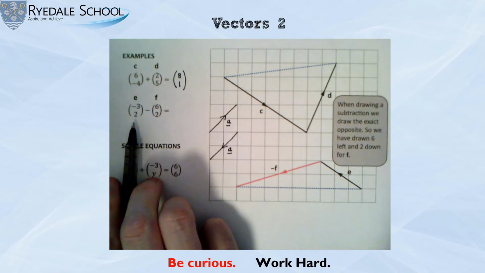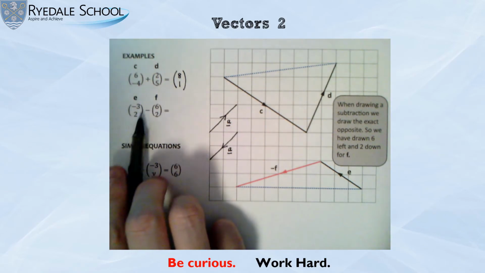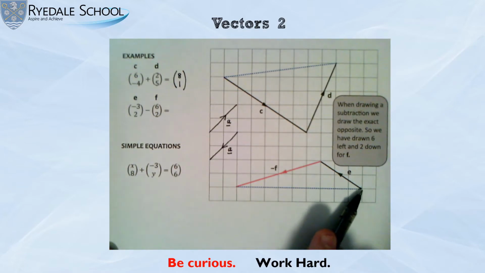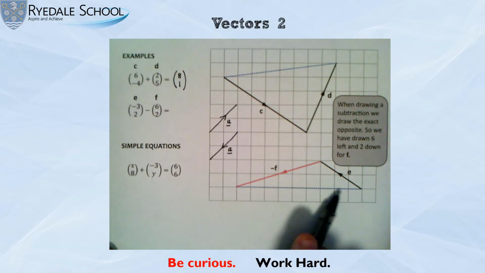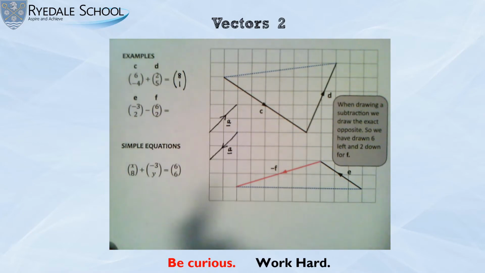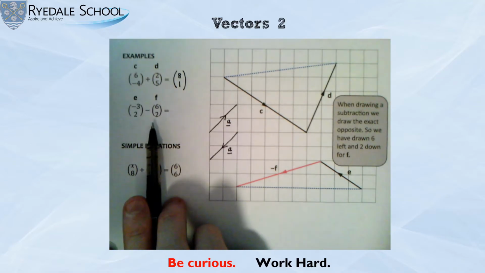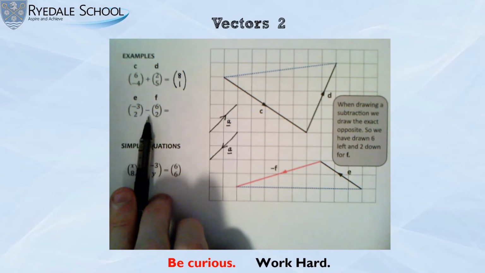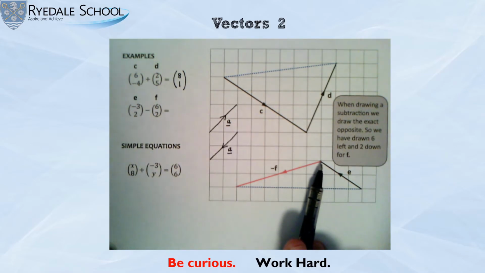So I've got E as negative 3, 2. And I know how to draw negative 3, 2. So I've started here and I've gone negative 3, so 3 to the left, and 2 up. Now when it comes to drawing the vector 6, 2, because I am subtracting it, I have drawn 6, 2 exactly the opposite of what I should have drawn.